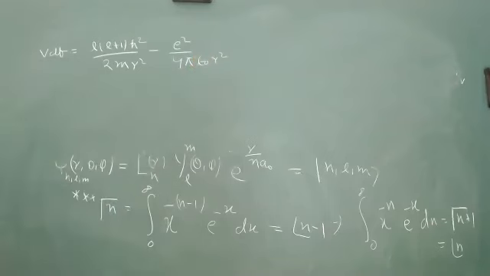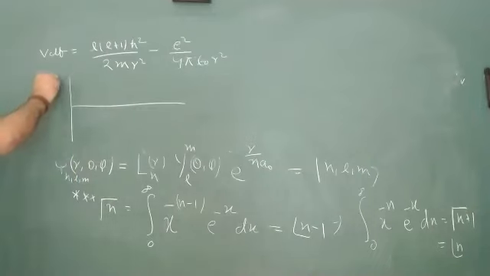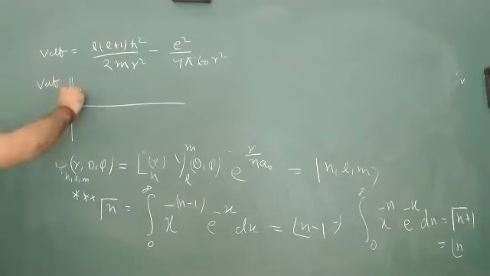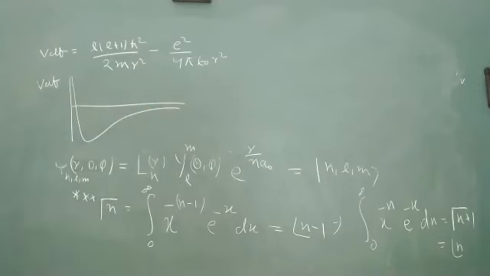When you plot this V effective, and remember, we have already plotted this V effective in classical mechanics, it is something like this. And you can see the bound state is for negative energy.